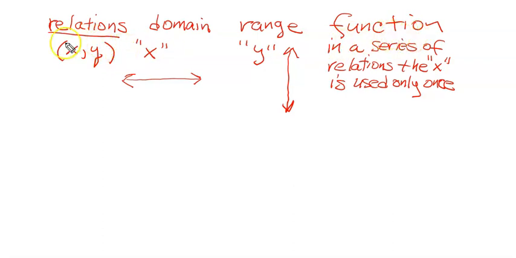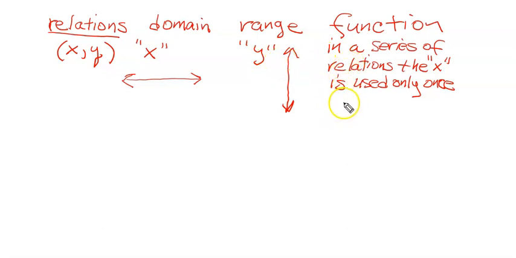Well, in a series of relations, if the x element is only used once, we say it is a function. If the x element is used more than once, it is not a function. And you'll be asked to determine whether something is a function or not.